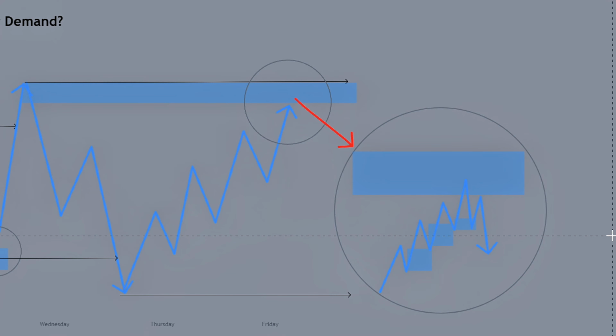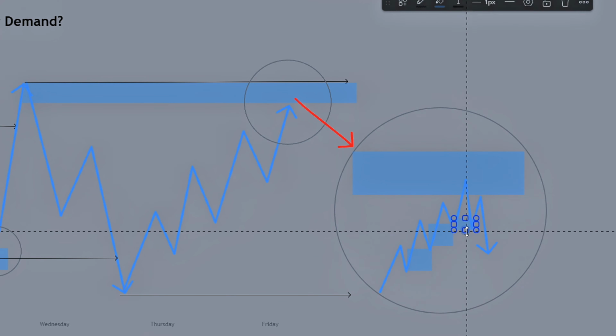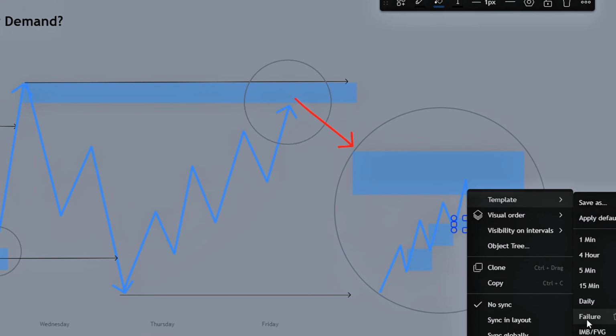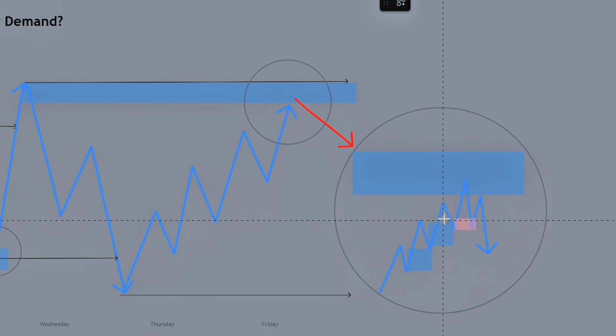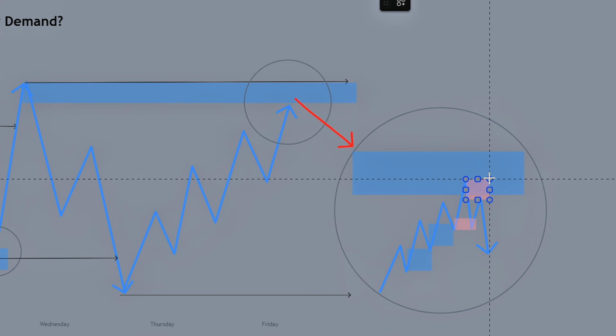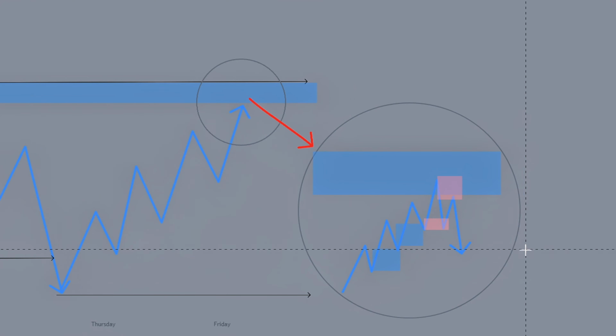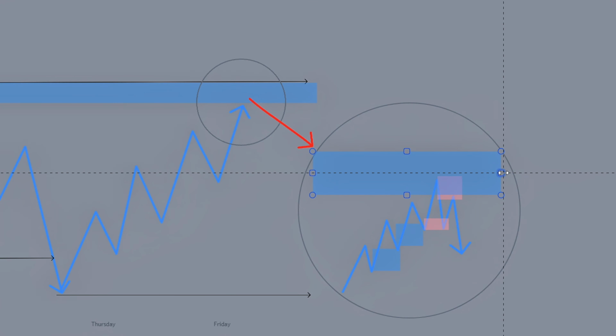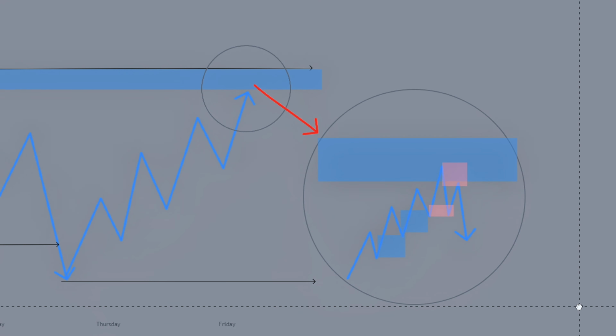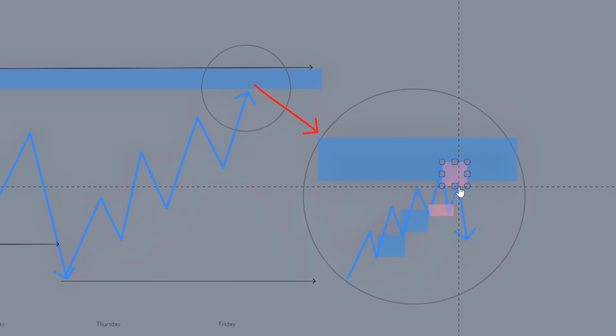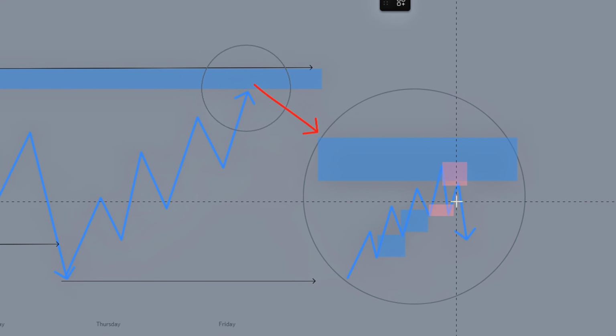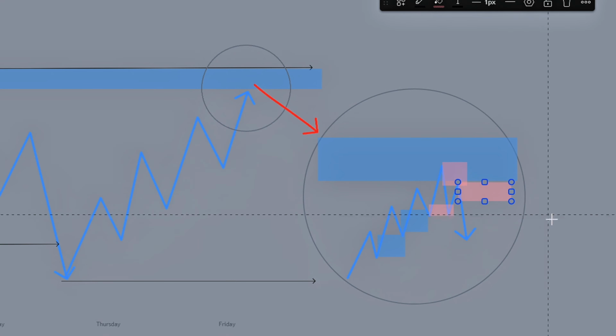So demand is being respected as it pulls into this 4-hour supply. Okay, beautiful. Looks like that demand right there was respected. We like to see that. But as it's respected, it then plays into a supply, and then it blows through that demand. That transaction, I feel like that's honestly the best way of calling it.